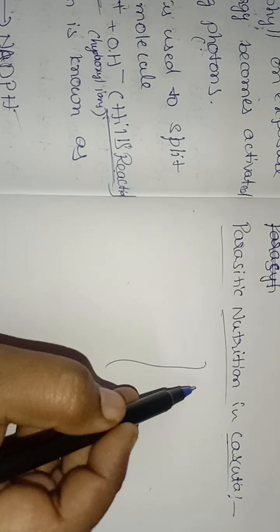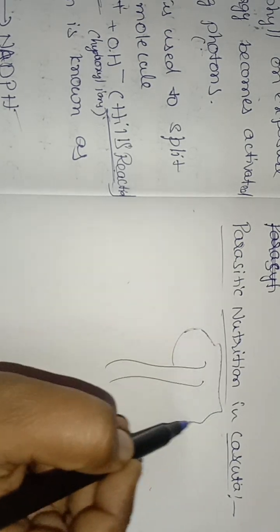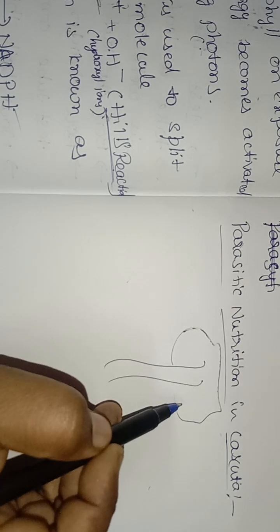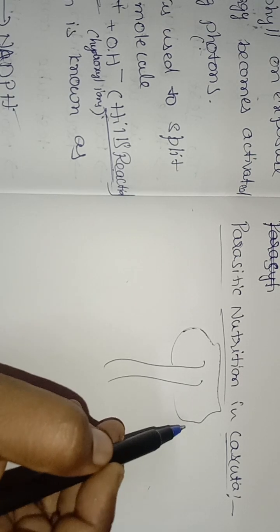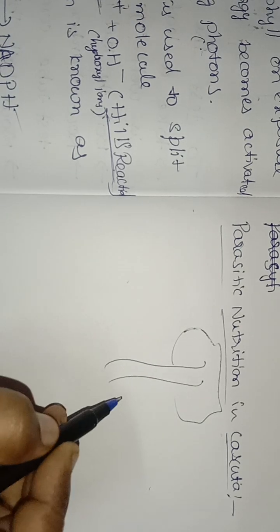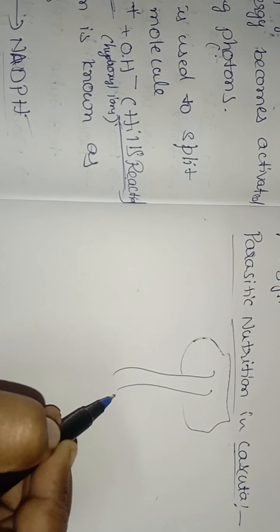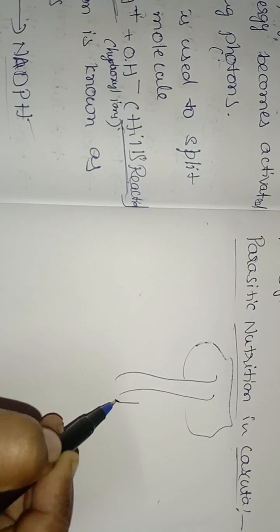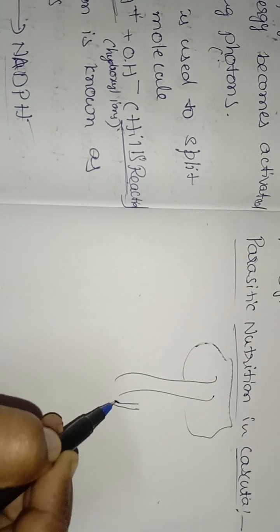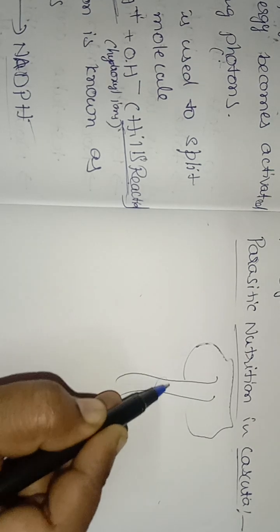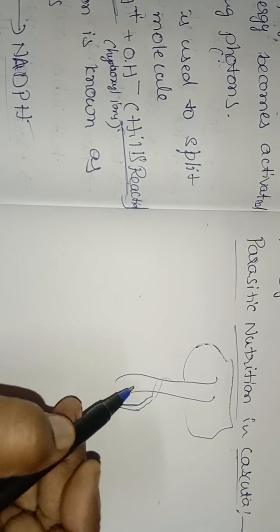Suppose you have a tree or a host plant which prepares its food using photosynthesis, right? Whenever this cuscuta plant germinates, it sends its slender stem to the host plant, right?